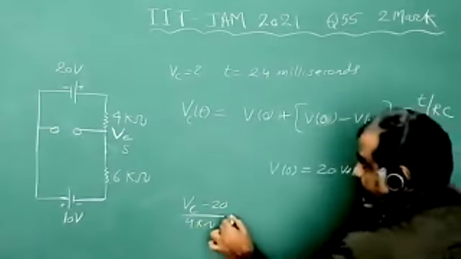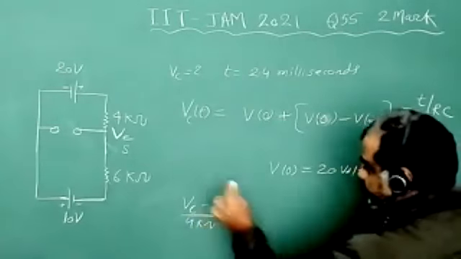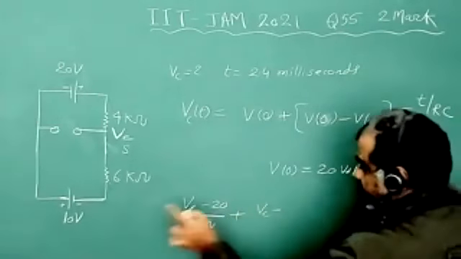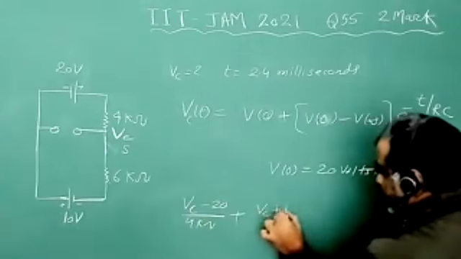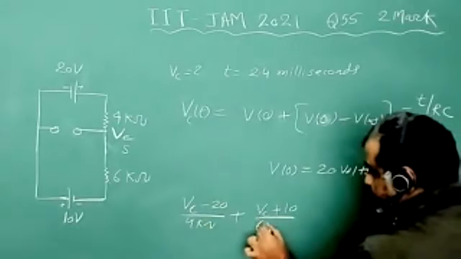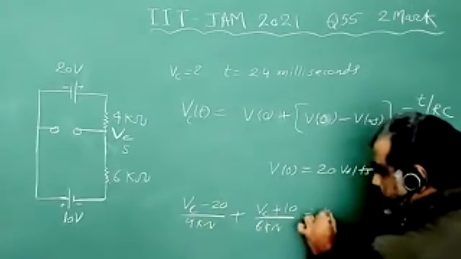plus VC plus 10 upon 6 kilo ohm equals 0.